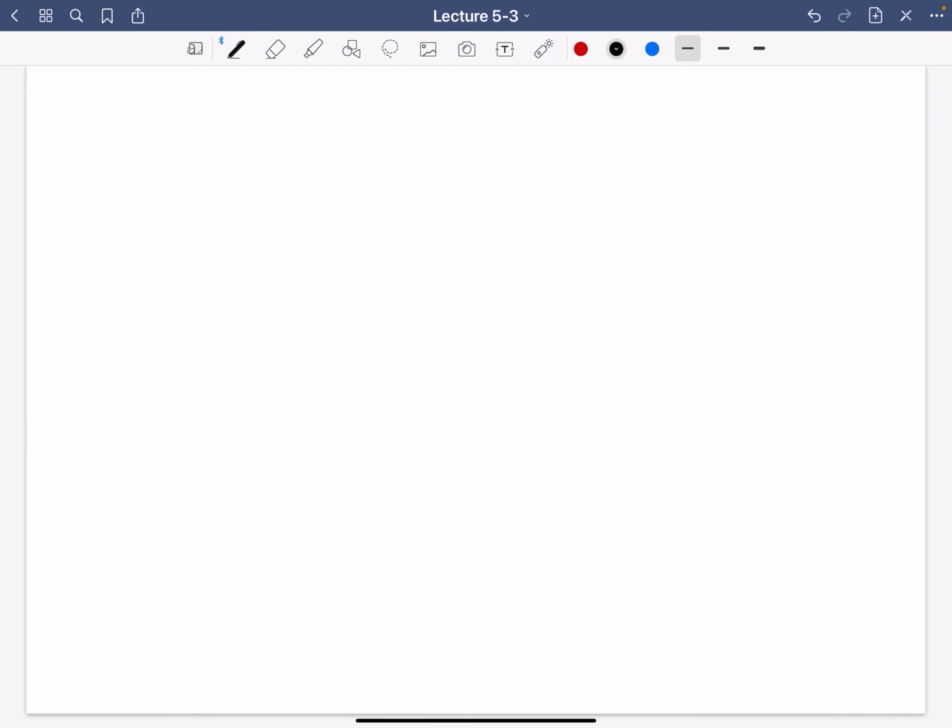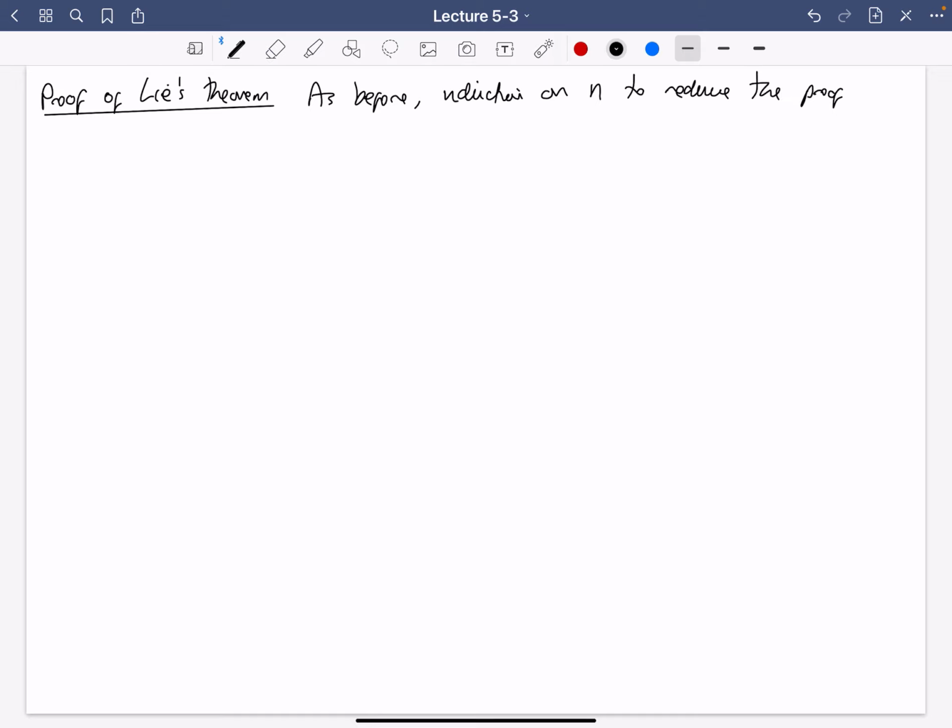Okay, so let's go ahead and prove Lie, and the proof is very similar, so you should just line it up against the proof of Engel. So just as before, you do an induction on n to reduce the general proof to checking the main step.